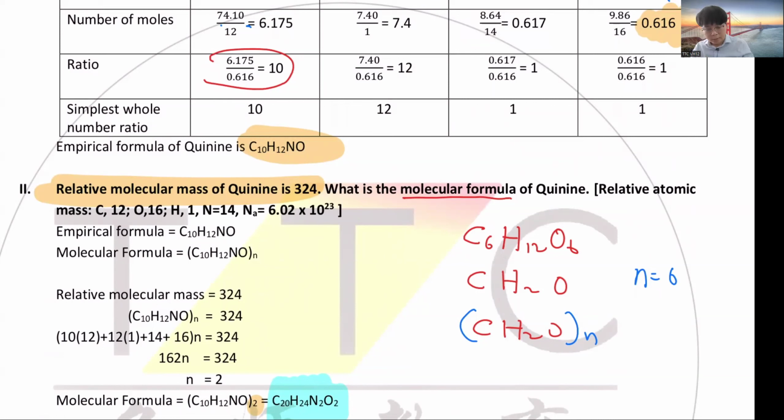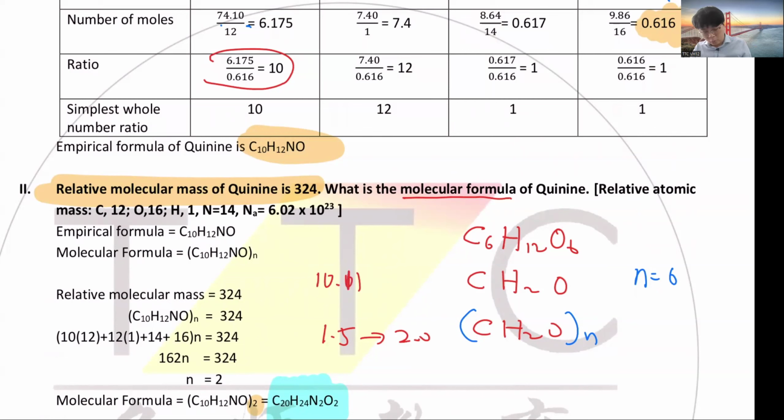Yeah, because of the number, let's say you get 10.001 or 10.0, like this you can round off, not a problem. But let's say your answer is 1.5, you cannot round it off to 2. 1.5 to 2 is quite a big difference.